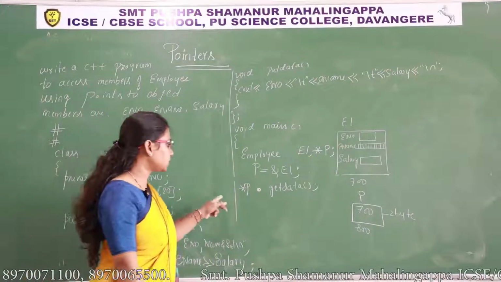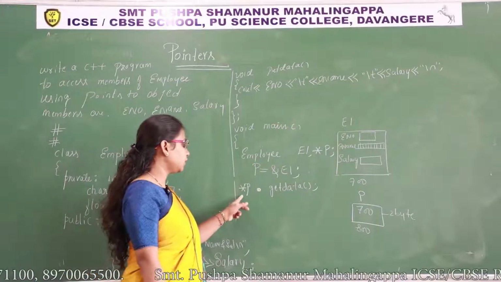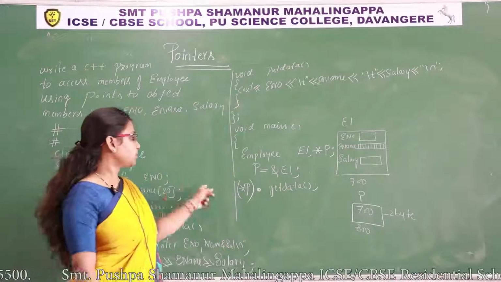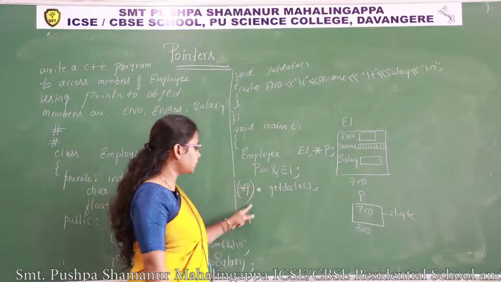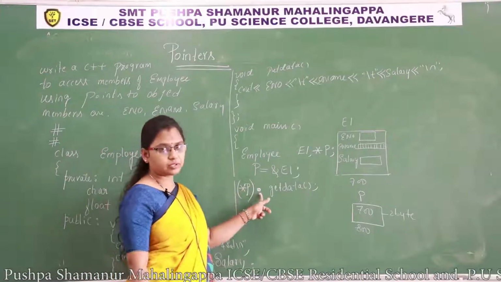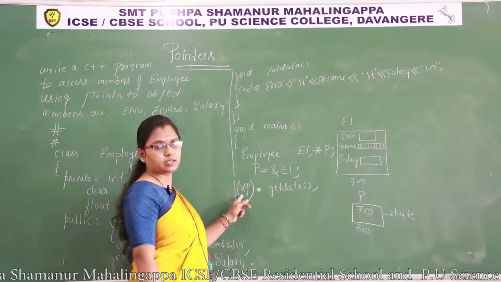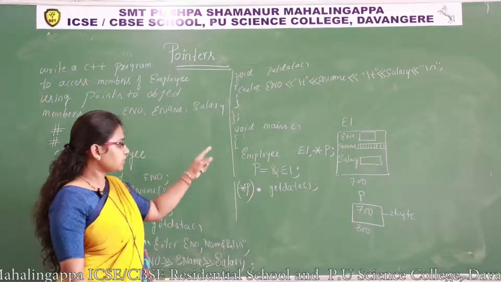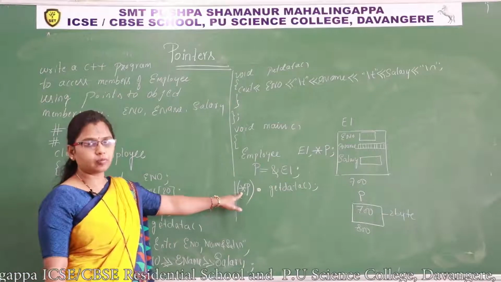Okay. In the last class I explained why we should take parentheses here. Why? Because if I don't write parentheses, first the dot will be executed, then the star. For this pointer, first I have to execute the star operator.